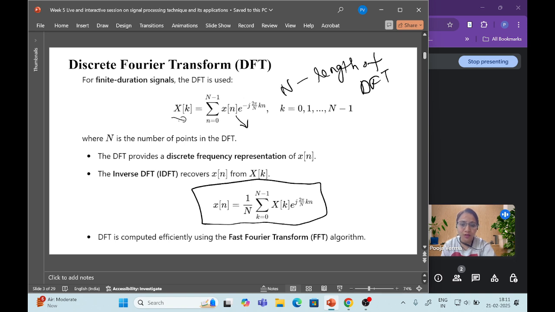To recover the signal, the formula is x of n equal to 1 by N, the summation where k varies from 0 to N minus 1 of X of k e to the power j 2 pi by N k n. The DFT is computed using the fast Fourier transform algorithm. Fast Fourier transform is an algorithm to calculate the DFT. It is not a method.